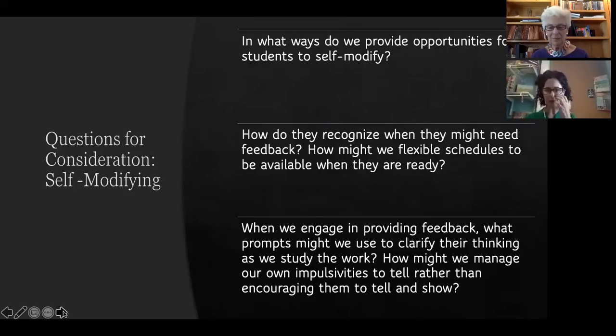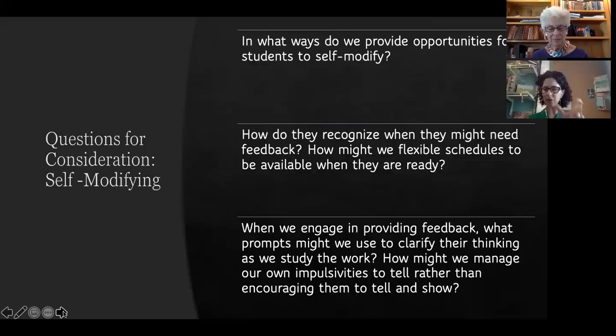Oftentimes they may not be ready for feedback yet, but they also may prefer to get feedback in another way. So they may prefer to have a comment rather than having a 20-minute conversation. Or they may love to hear your voice when they're ready for it.